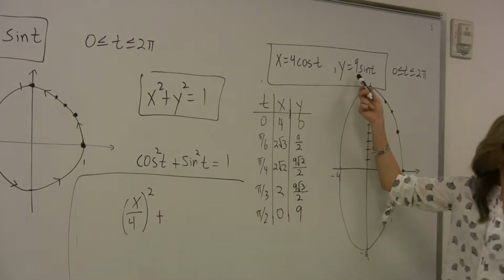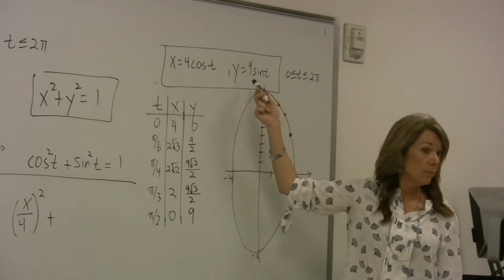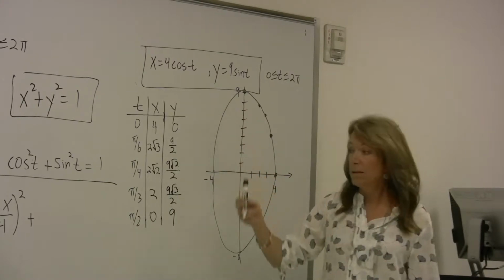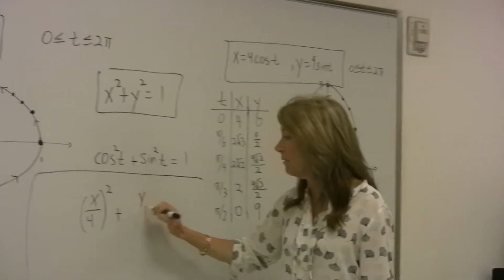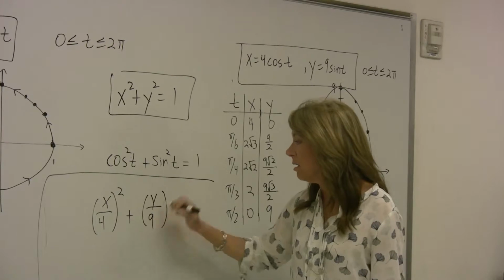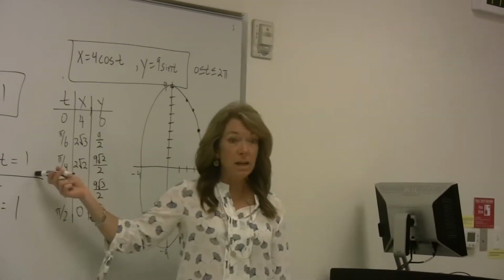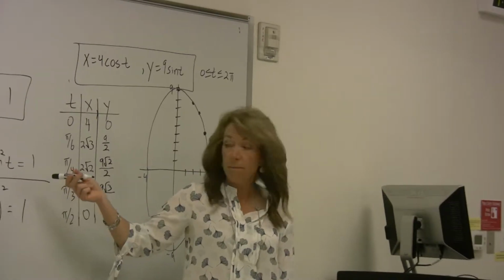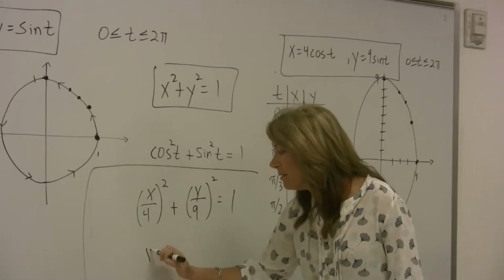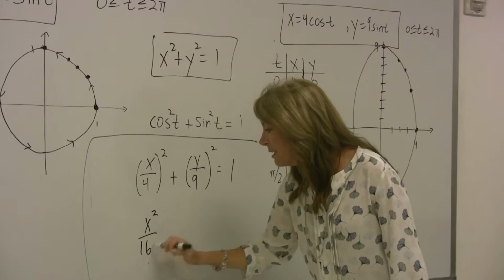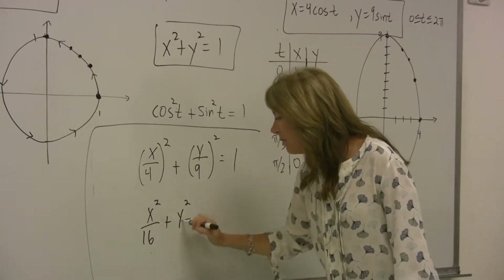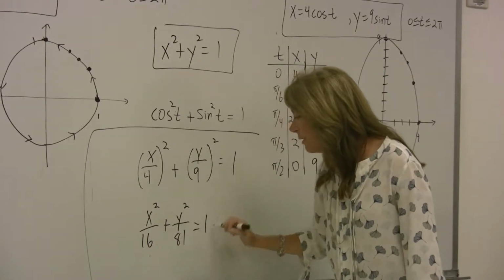And if I solve this for sine, it'd be y over 9. So sine squared would be y over 9 squared, equals 1. Just using the Pythagorean identity, what we know about sines and cosines. If we simplify this, we get x squared over 16 plus y squared over 81 equals 1.